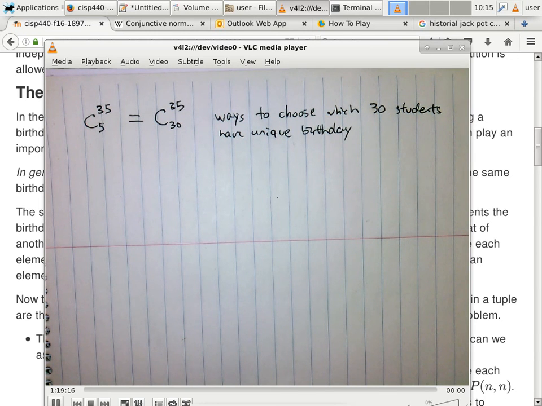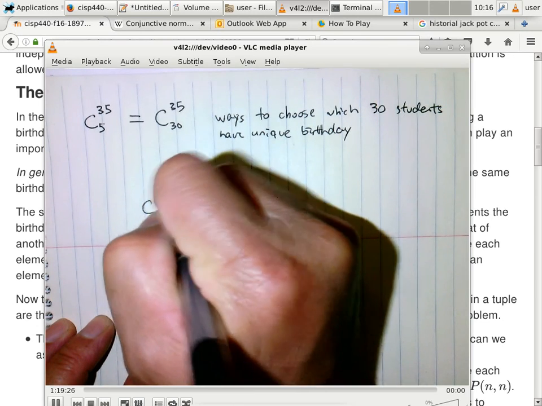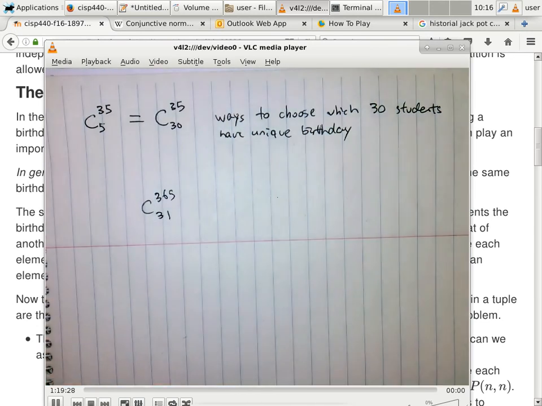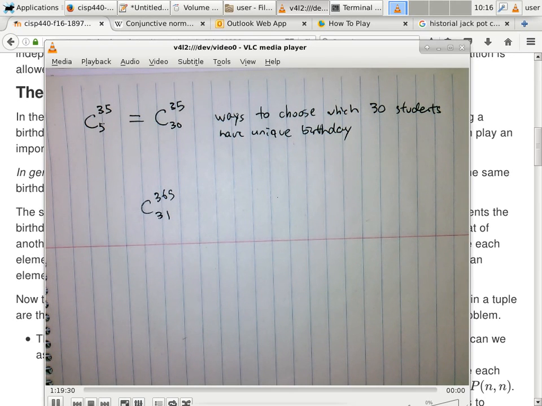Okay, so now what else can we do? We're almost done with this particular question. We got this many ways to choose 31 birthdays. But let's pick one of these combinations of birthdays.